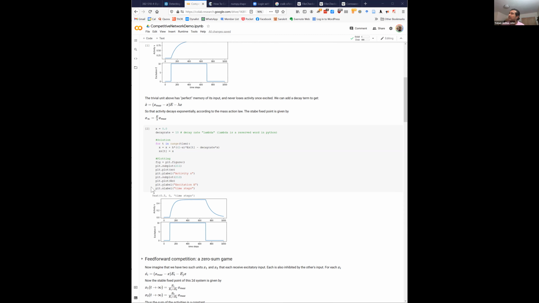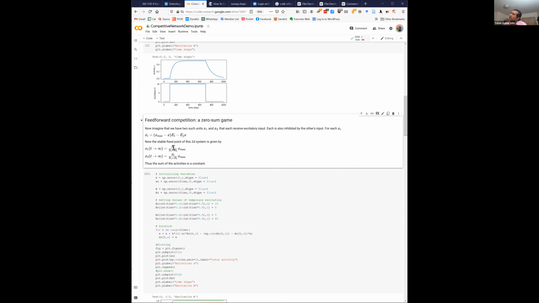Here, EI is the corresponding input, and EJ is the input from the other, the competing, say, plan. This is just very simple algebra to show that the final point that you get will be the cell's own input divided by the total input. And this is true regardless of how many cells you have.